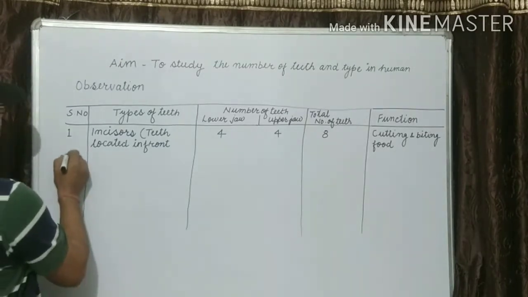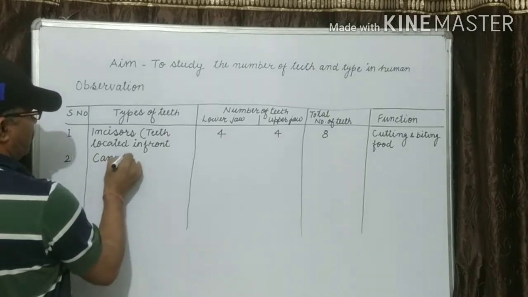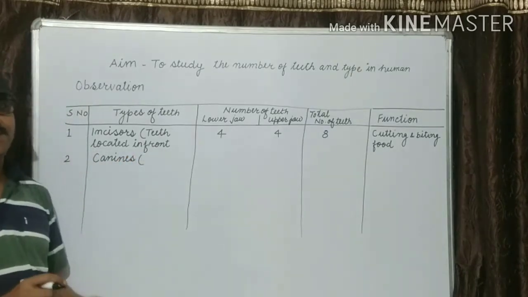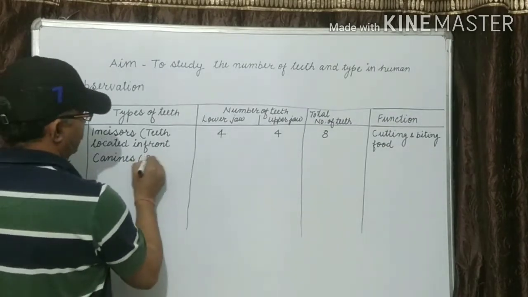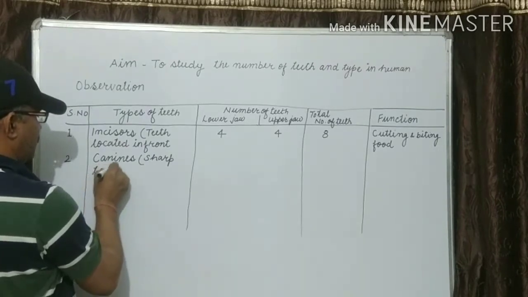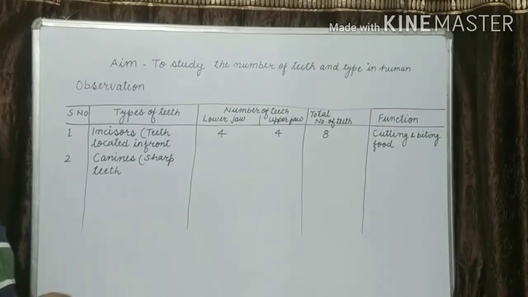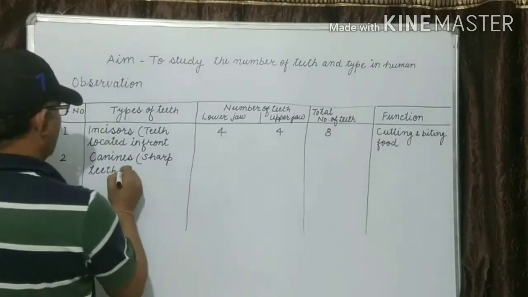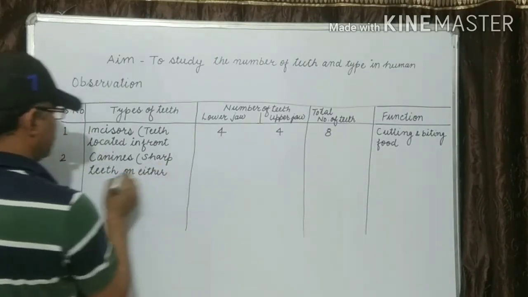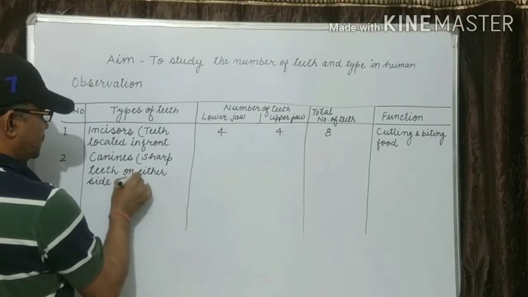Second is canines. Canines, sharp teeth, on either side of incisors.